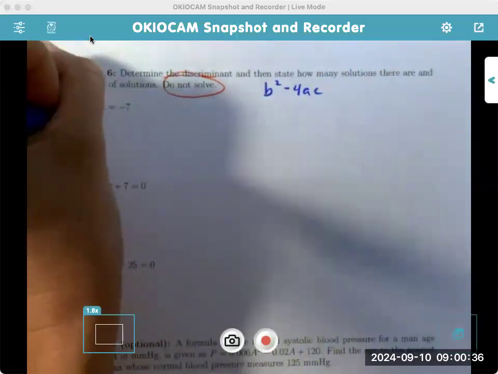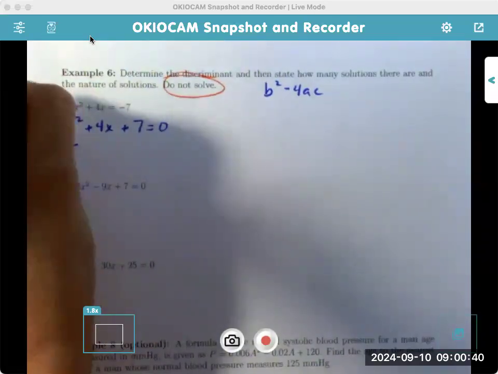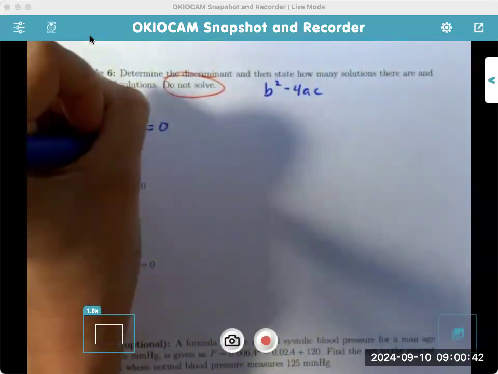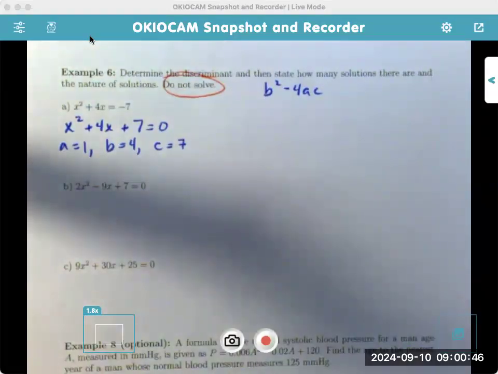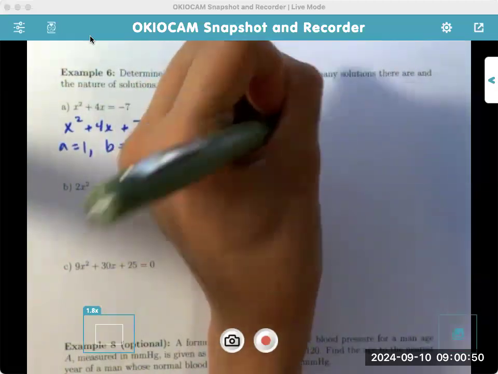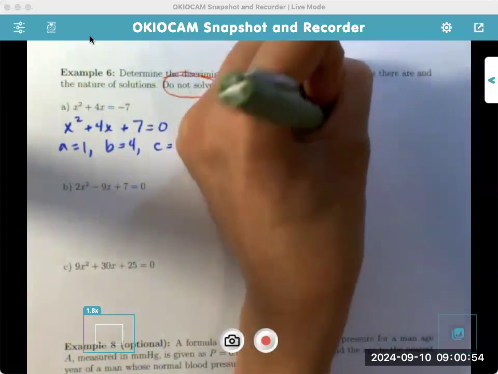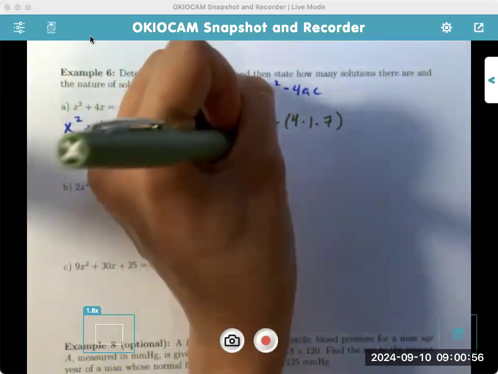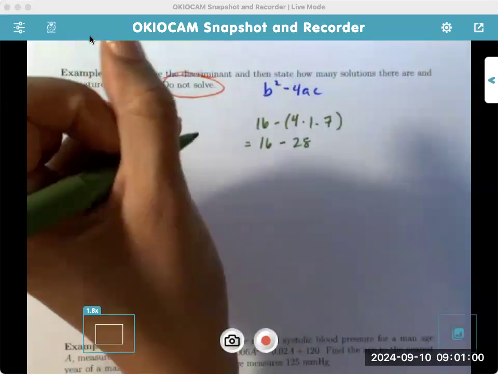Okay, so x squared plus 4x plus 7 equals 0, so a is equal to 1, b is equal to 4, and c is equal to 7. So I have 16 minus 4 times 1 times 7. 16 minus 28.